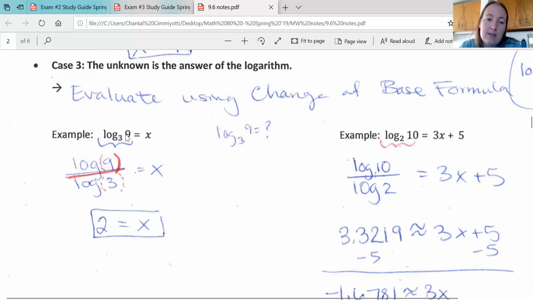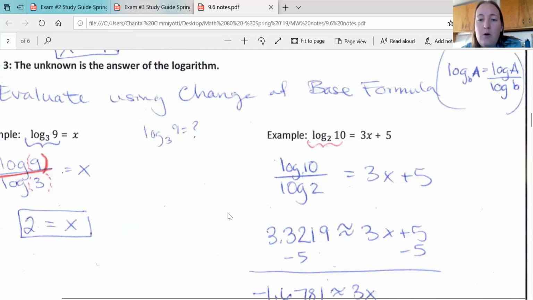To evaluate this side, because you do not have base 3 in most calculators, you could use the change of base, log 9 divided by log 3. Or in the 89, you can actually say log 9 comma 3 and parentheses enter. Now, sometimes you get lucky and you don't need a calculator because you can say to yourself, well, 3 to what power is 9, and know it's 2.